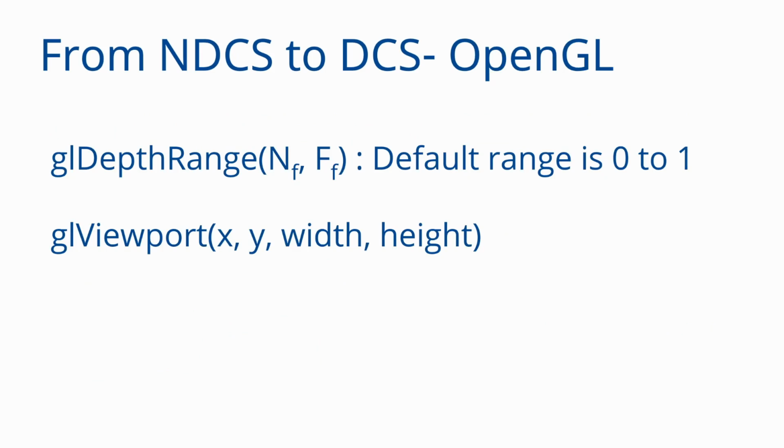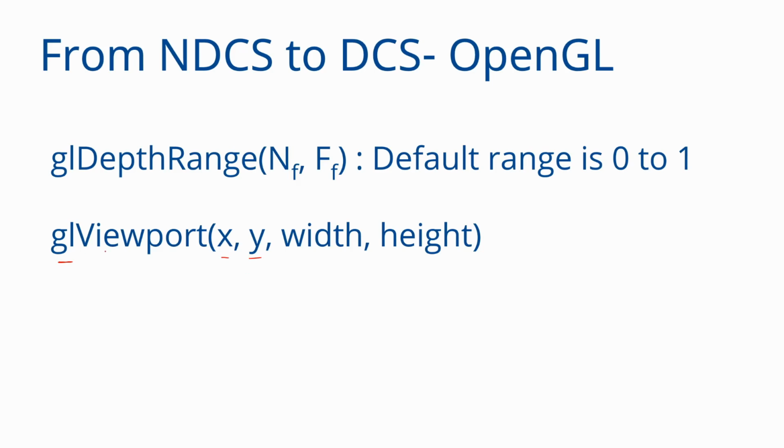So what are the corresponding OpenGL commands that allow you to do the viewport transform? And this time it is an OpenGL command and not a GLM command, because it deals with the device values.